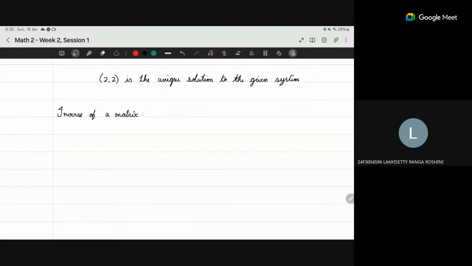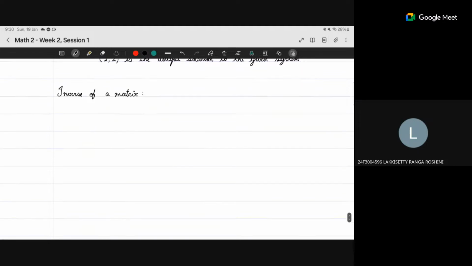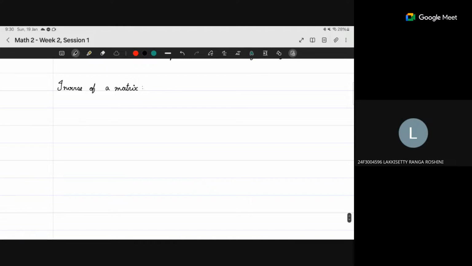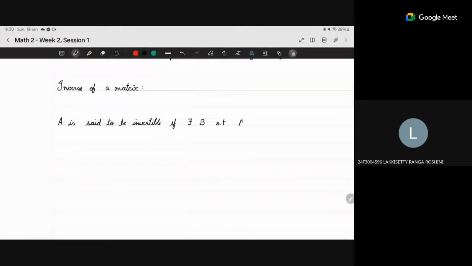We discussed some important things about the inverse of a matrix already. Let's complete that discussion. As I was saying earlier, A is said to be invertible if there exists B such that AB is equal to BA is equal to identity, identity of the appropriate order.